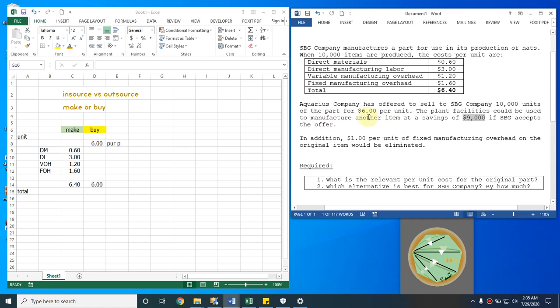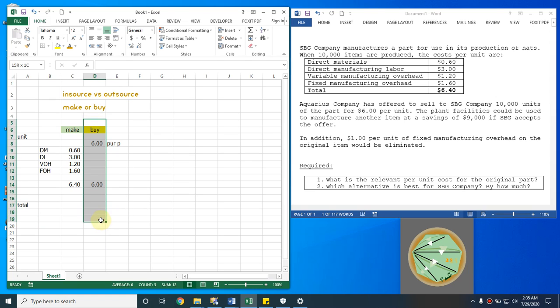So if we are going to put it here in our table, it will belong to the buy option, because this will happen only if the buy option is the one taken. The 9,000 savings will exist only if the buy option is taken. So we have the total savings under the purchase option of 9,000.